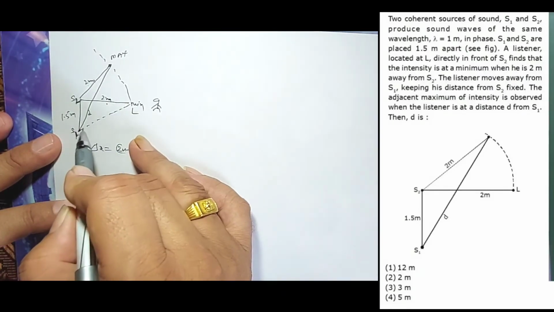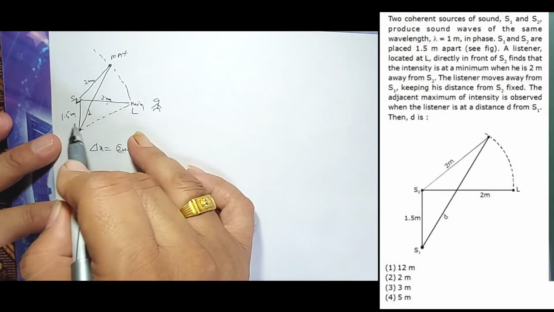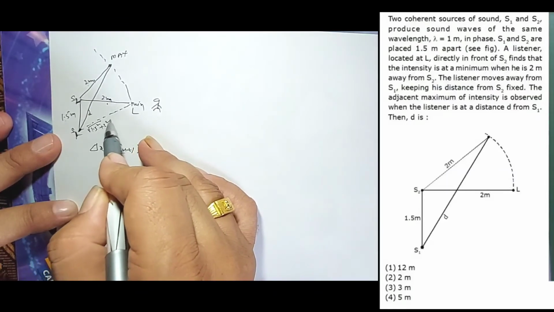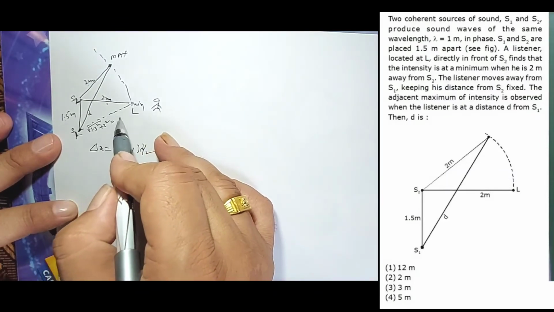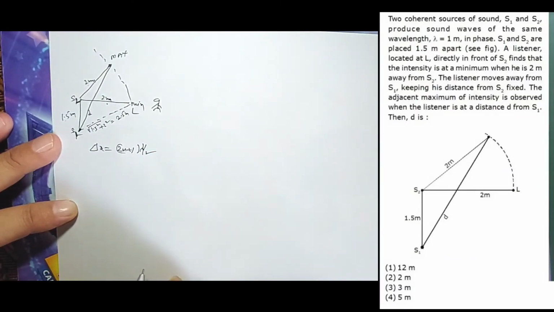So, the path difference, this distance here, is nothing but the square root of 1.5 square plus 2 square, that is equal to 2.5 meters.